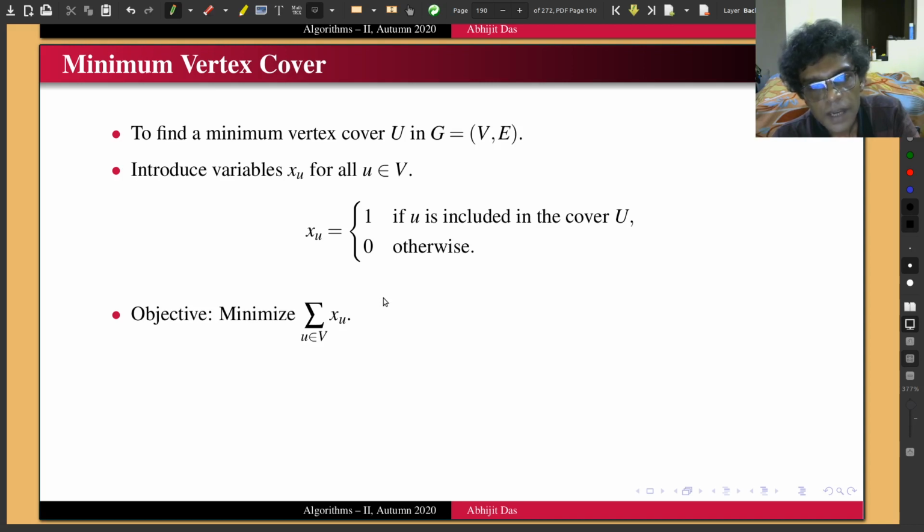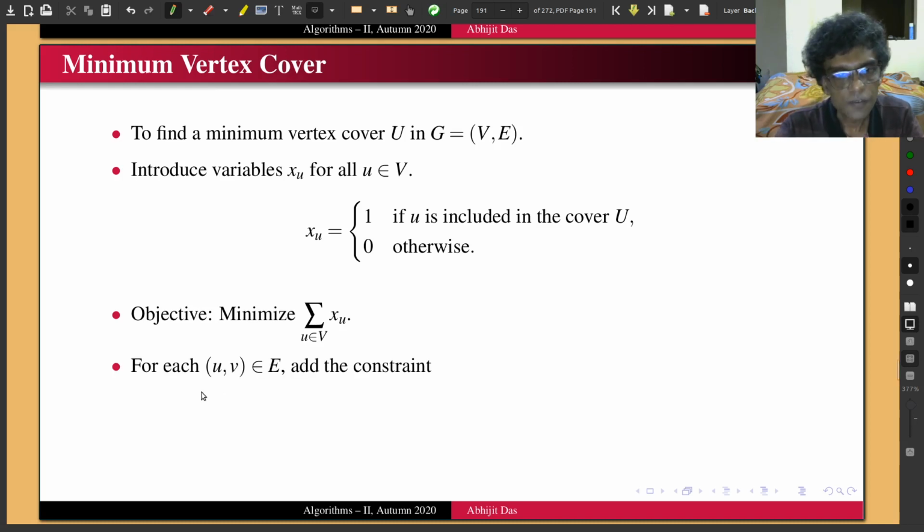The constraint is that every edge in this graph must be covered. Therefore, for each edge (u, v) in E, I must have xu plus xv greater than or equal to 1, which means either u covers (u, v) or v covers (u, v), or possibly both. So this is how I formulate the minimum vertex cover problem as an LP problem.